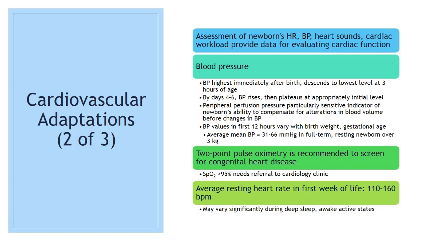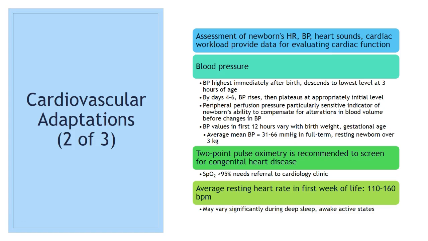2-point pulse oximetry is recommended to screen for congenital heart disease. What this means is that you want a pulse ox in 2 different places. In newborns, we like to check the pulse ox on the right wrist, and that tells us what their preductal oxygenation status is.